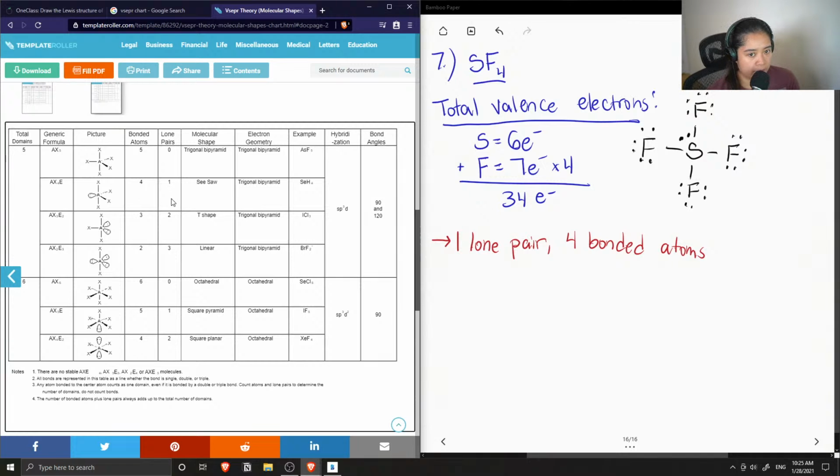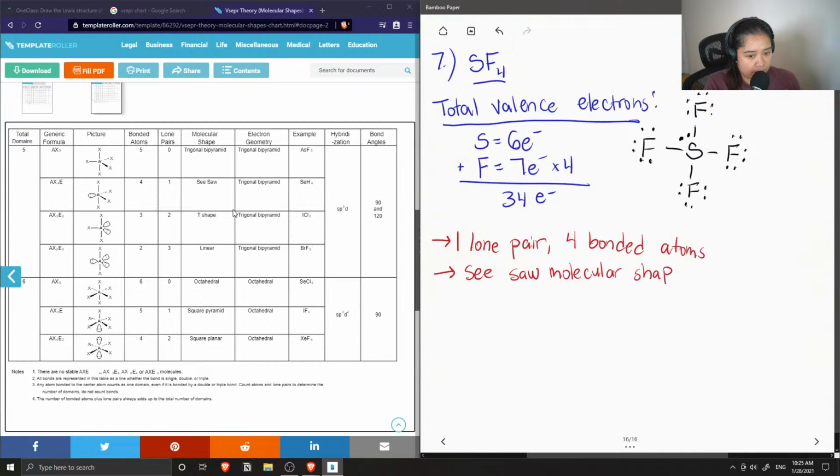When we have 1 lone pair, 4 bonded atoms, we have a seesaw molecular shape. And we also have a trigonal bipyramid electron geometry.